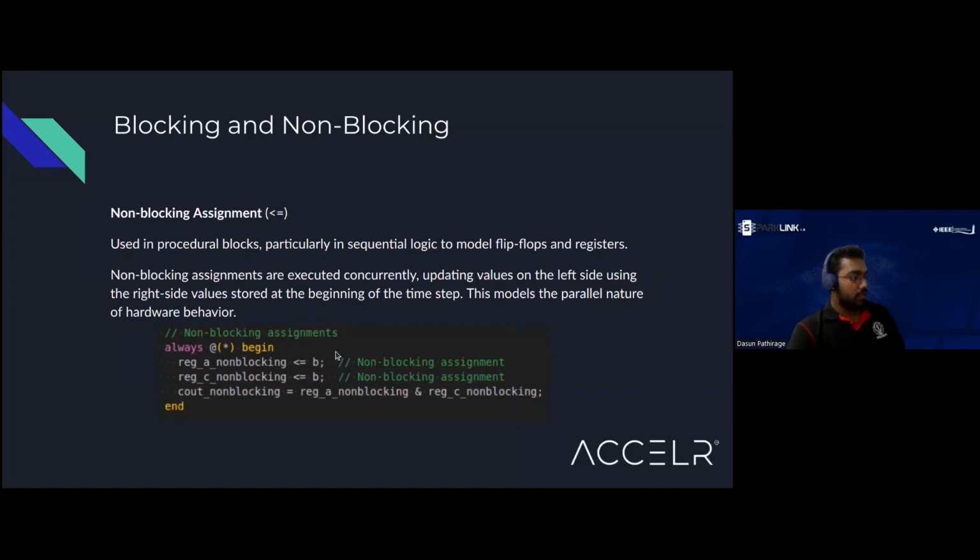In non-blocking, this is the way that we represent it. It is waiting for the clock to update, so it's not updating as soon as it changes. It updates the left hand side using the right hand side value stored at the beginning of the time step. So the value that was stored previously will update here when the clock changes. That's the difference between these assignments.